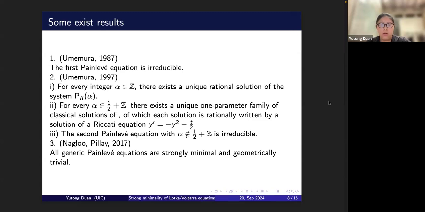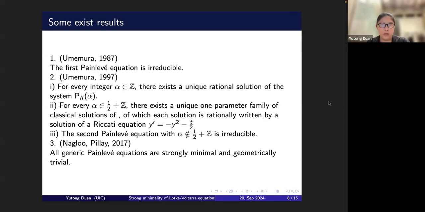In this one, they used model theory. If just for strong minimality, the results are better, as you can see in Painlevé 2: the only case that is not irreducible is when alpha is in 1/2 plus Z.